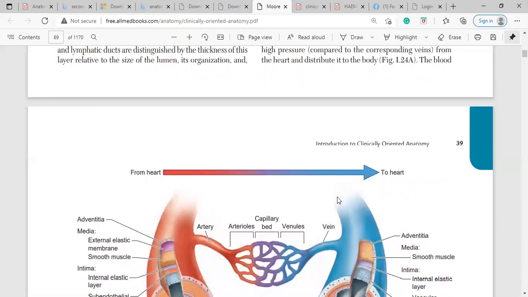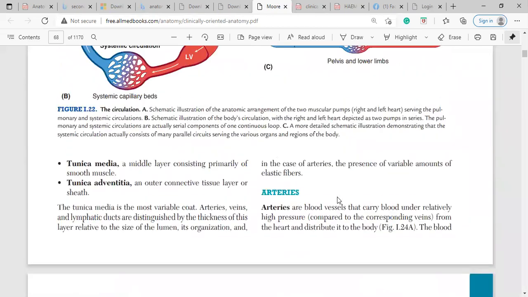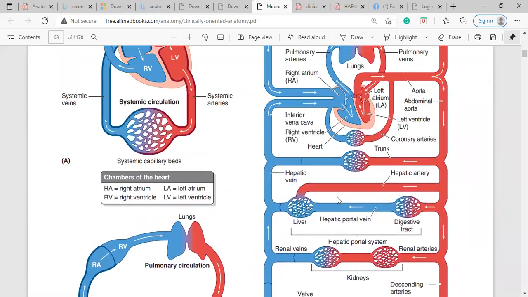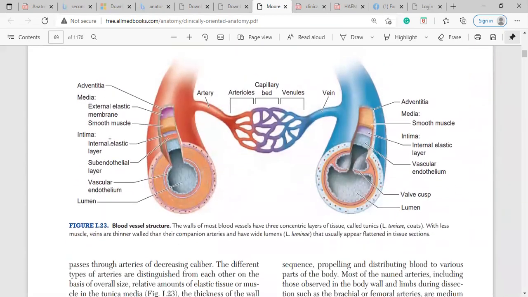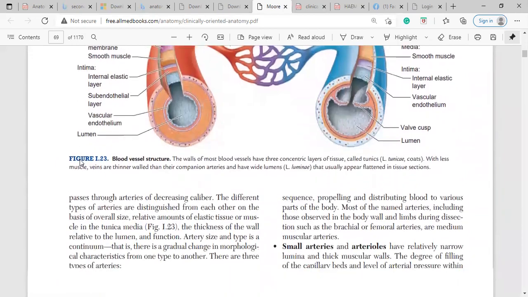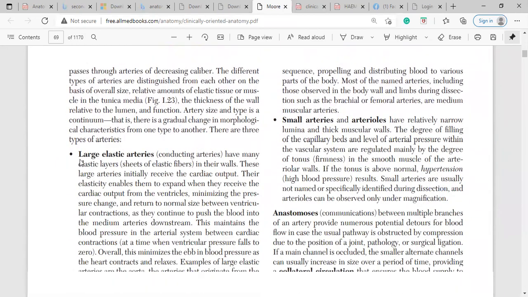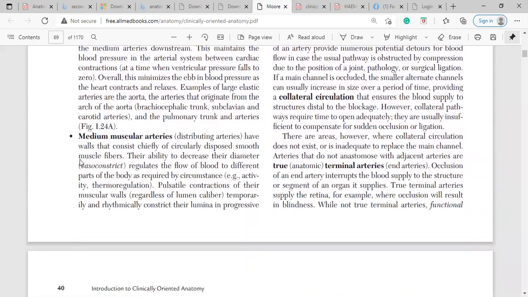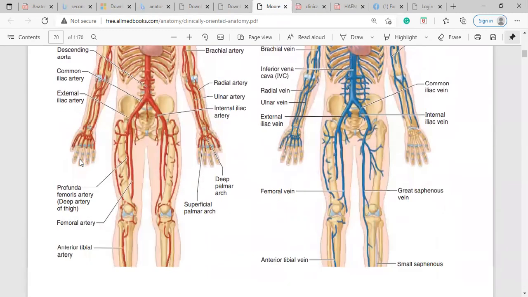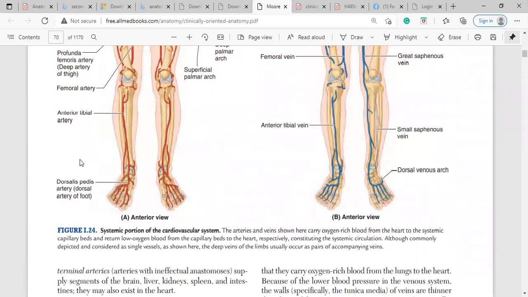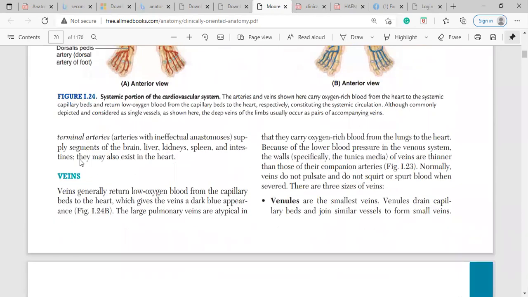Okay, good. In the next one, I'm going to be talking about the histology of the vessels, where we would look at the artery and this diagram. We're going to discuss the structure of the artery, what makes up the arteries. And then we'll discuss what collateral circulation is, and we'll look at blood supply to every organ of the body.